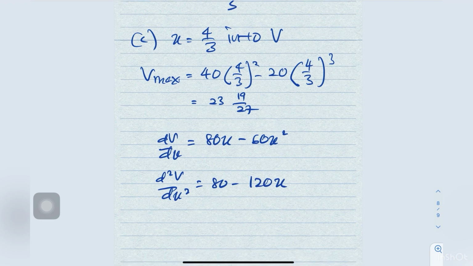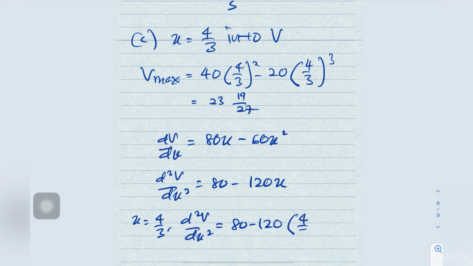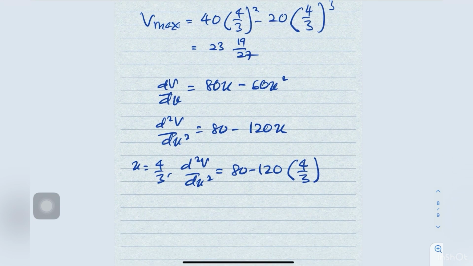Then we substitute x equals 4 over 3: d squared V/dx squared equals 80 minus 120 times 4 over 3. So this one becomes 3 times 40, so 80 minus 160, so negative 80. Negative 80 is less than 0, so it is maximum. So proven.